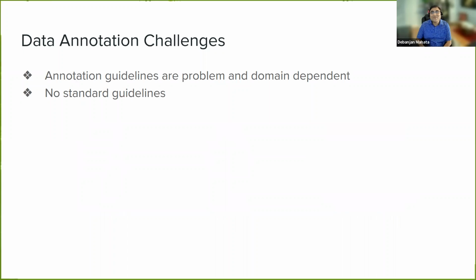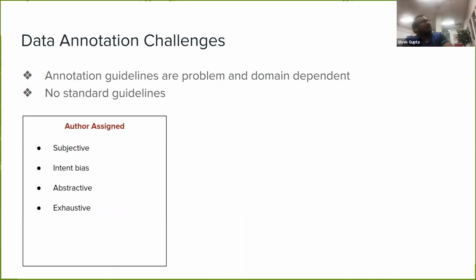I'm exactly coming to that. So basically, there are no annotation guidelines, to be very frank, and it's totally domain dependent. It's totally dependent upon the person who is assigning these key phrases, and it's very hard to come up with some standard guidelines. And as Vivek suggested, author assigned key phrases are often subjective, and there's an intent bias, right?